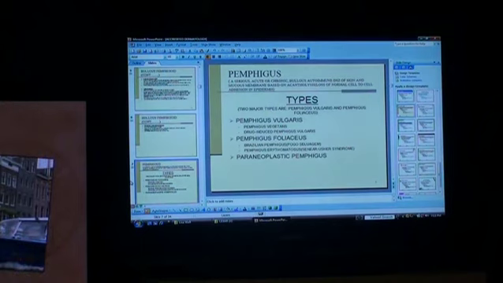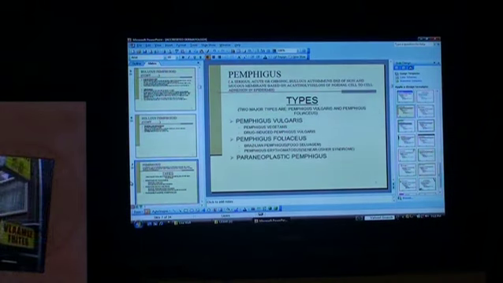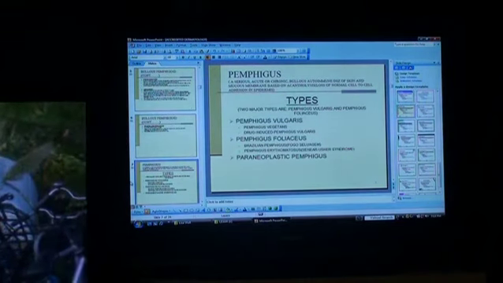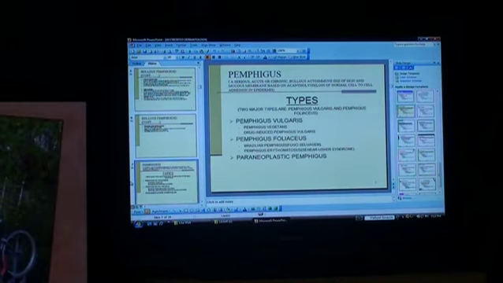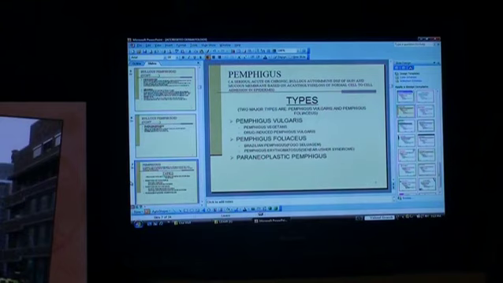Let me just make a comment. What does acantholysis mean? When you hear the word acantholysis, it means separation. That's all.